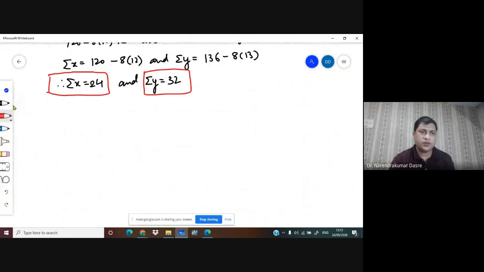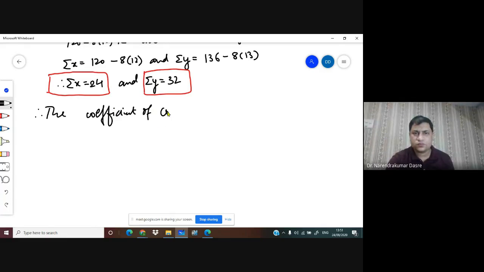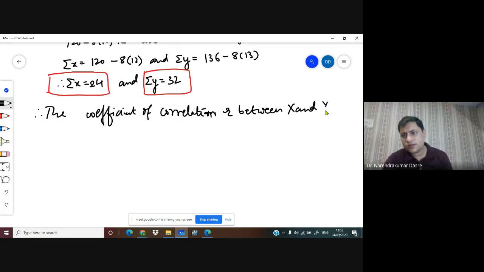So we can say, hence, the coefficient of correlation between x and y is given as, so r is equal to, what is that?